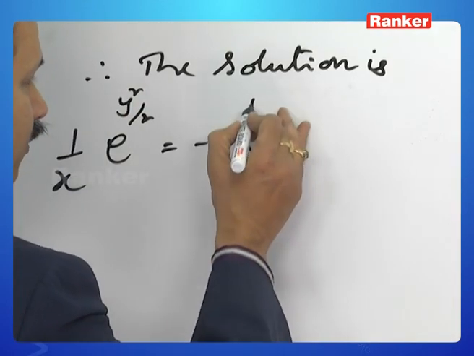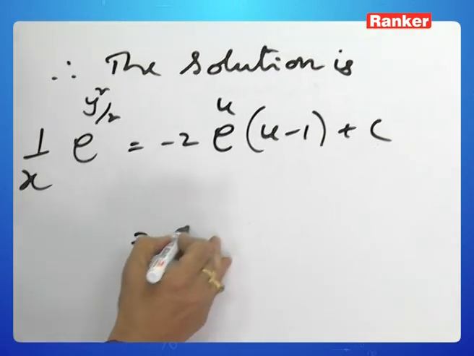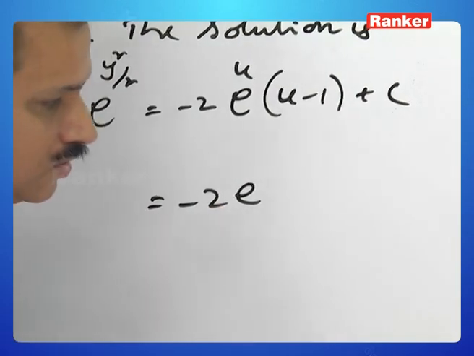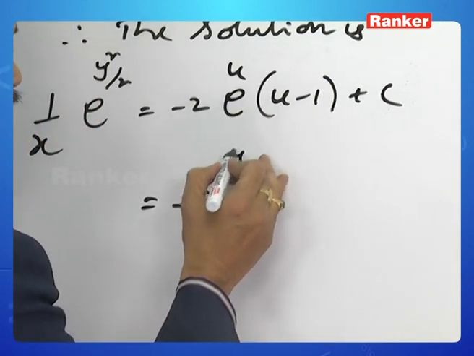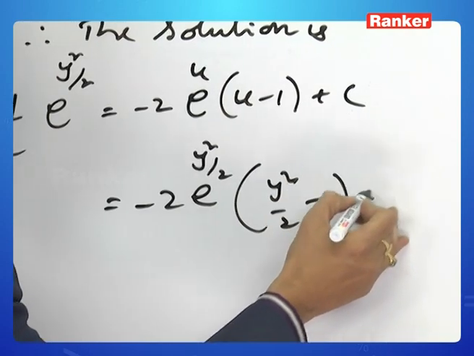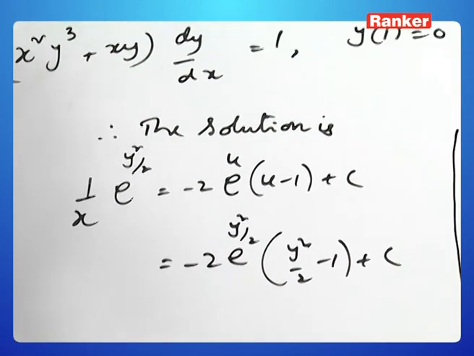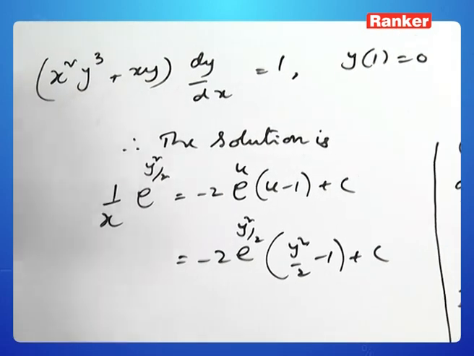Plus c, that is equal to minus 2 into, what is u? Y square by 2, into y square by 2 minus 1, plus c. Okay. This is the solution.